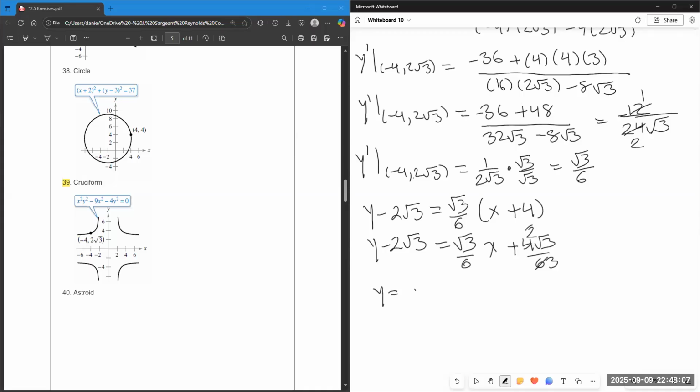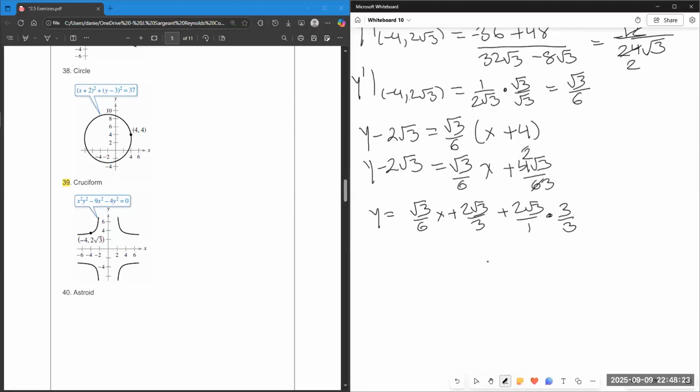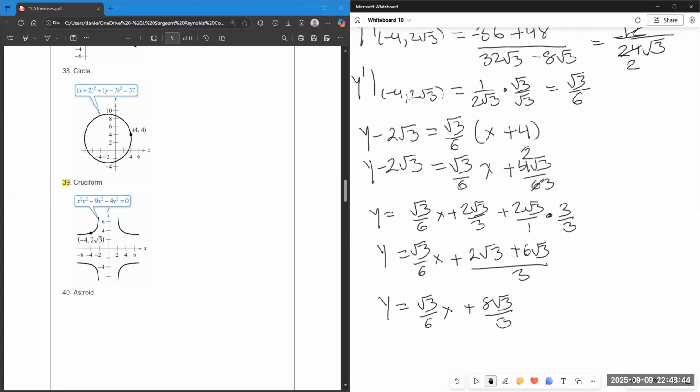Y is equal to √3 over 6 x plus 2√3 over 3 plus 2√3 over 1 times 3 over 3 to make a common denominator for my constant part. Y equals √3 over 6 x plus (2√3 plus 6√3) over 3. Y is √3 over 6 x plus 8√3 over 3.